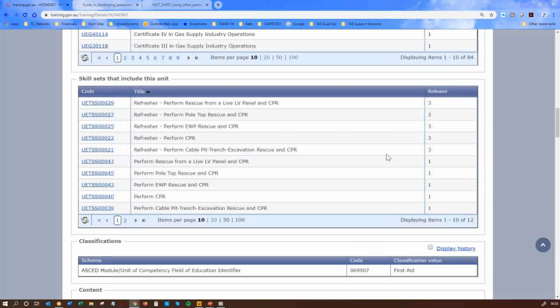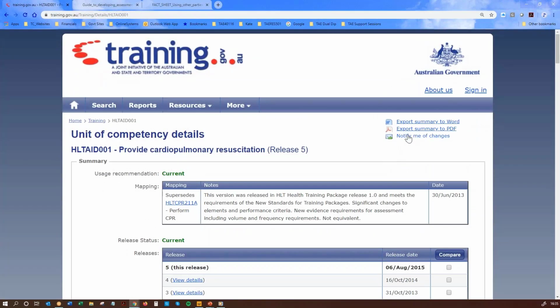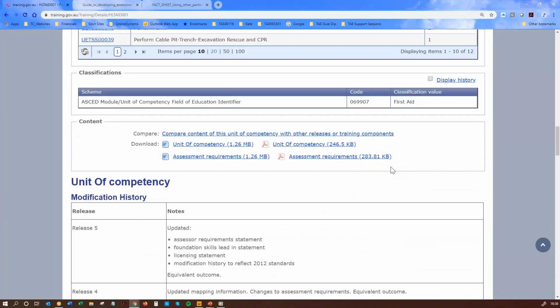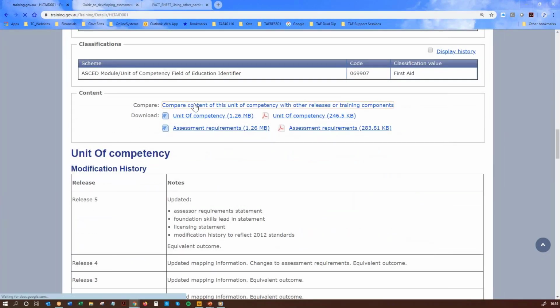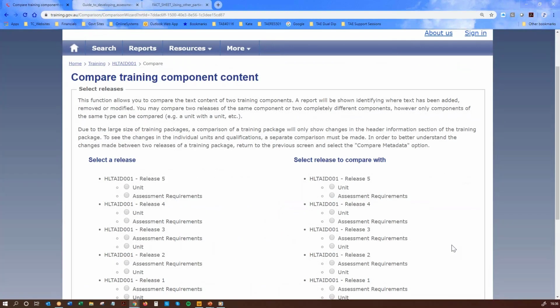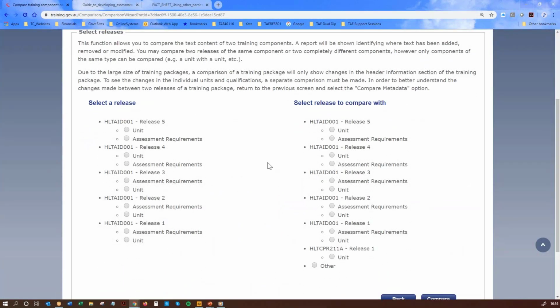They also have a couple of interesting tools on training.gov. The first one is a comparison tool, and this is where you can get a side-by-side view of what the differences are. So you can request, show me this unit of competency that's now superseded versus the newer version, and what are the differences. So that's the compare tool, which is found within the unit page on training.gov.